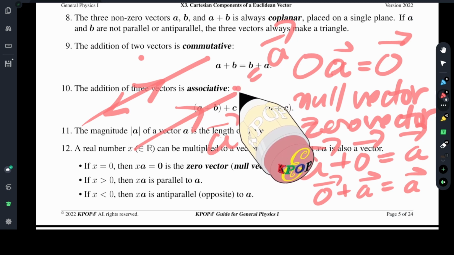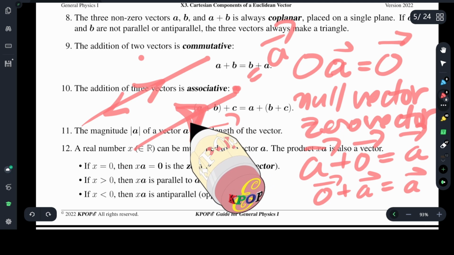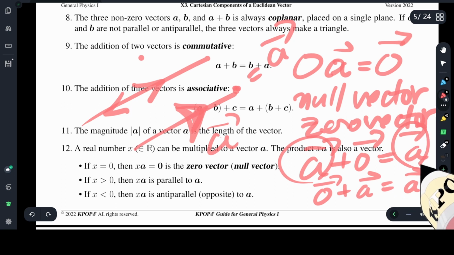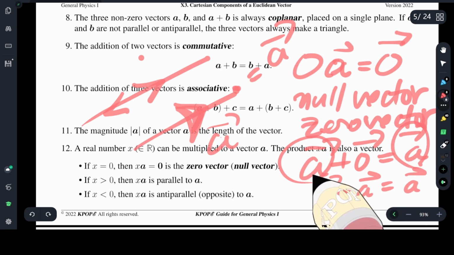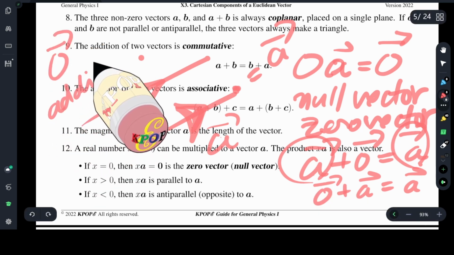I did not move at all, so the original vector should be the same as the sum with 0. The resultant vector is invariant, just the same as the original vector. That's the reason why 0 is called the additive identity.